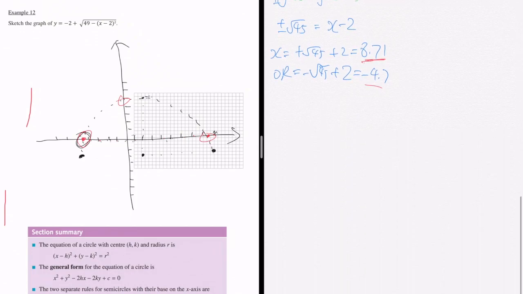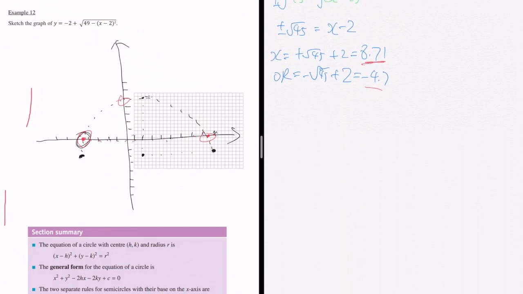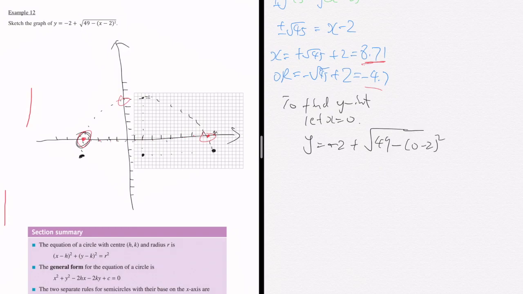You're going to do the same thing to find the y-intercept. To find the y-intercept, let x equal 0. So now y will be equal to -2 plus the square root of 49 take away (0 minus 2) squared. So 0 minus 2 will be minus 2, squared.